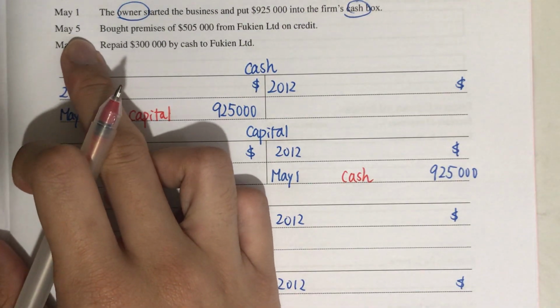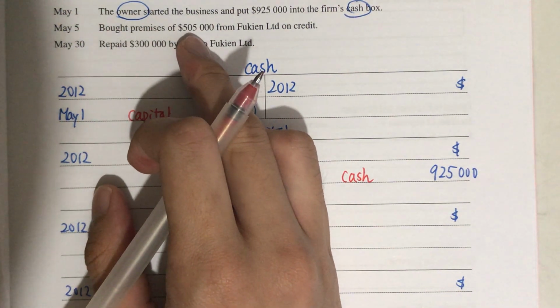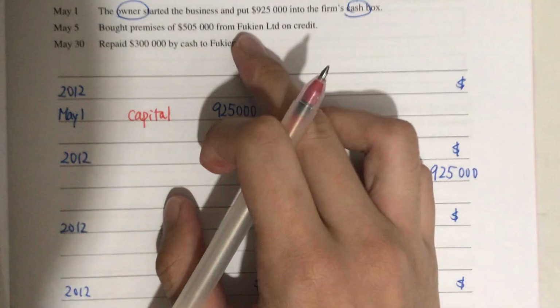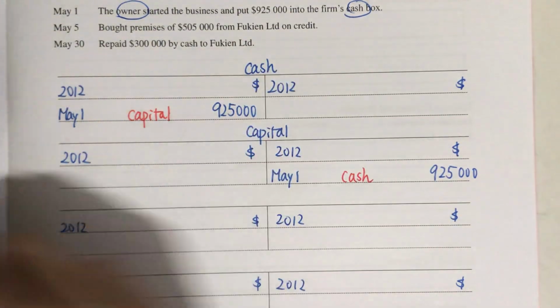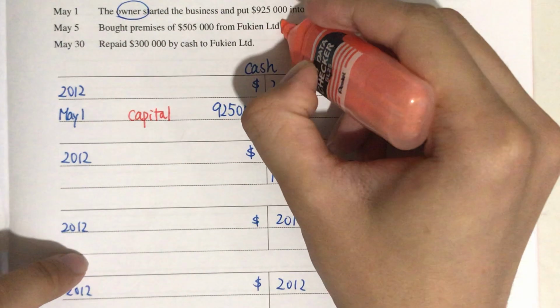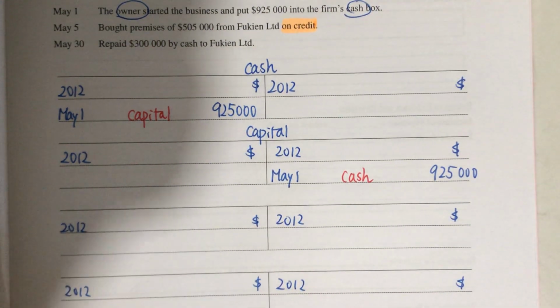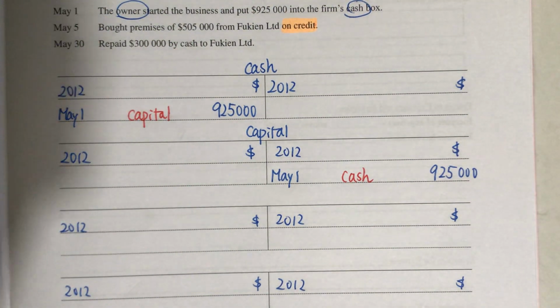On the 5th of May, bought premises of $505,000 from P.9 Limited on credit. Okay, this is the new event. On credit means we do not pay the money immediately, but we will pay P.9 Limited later.